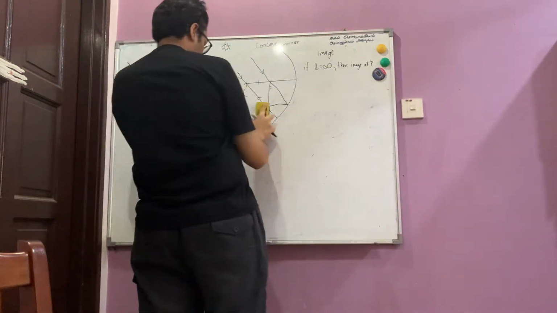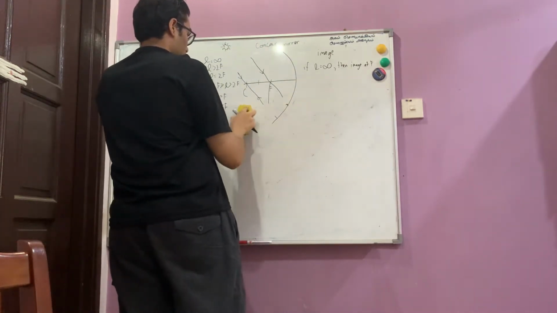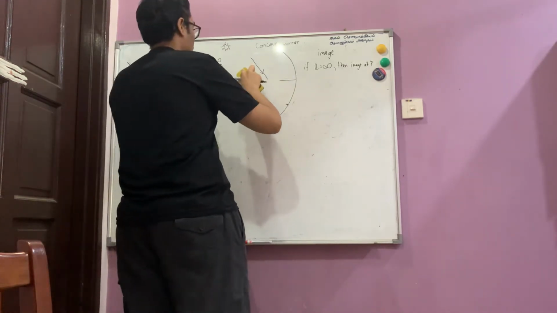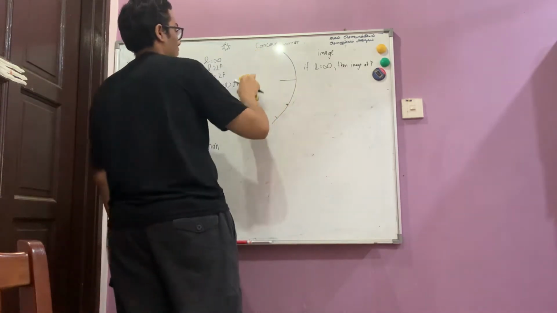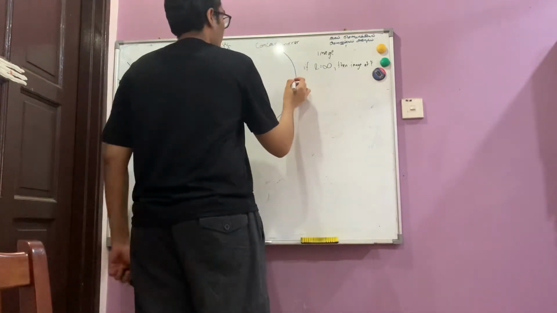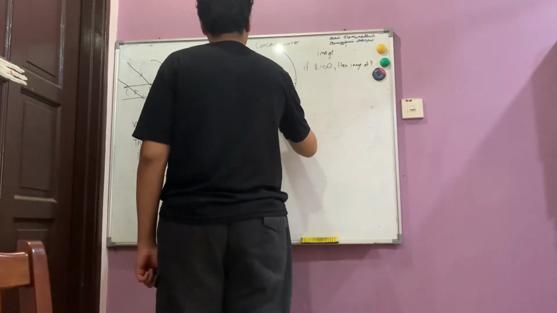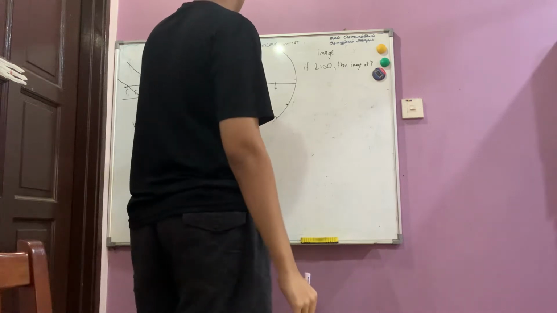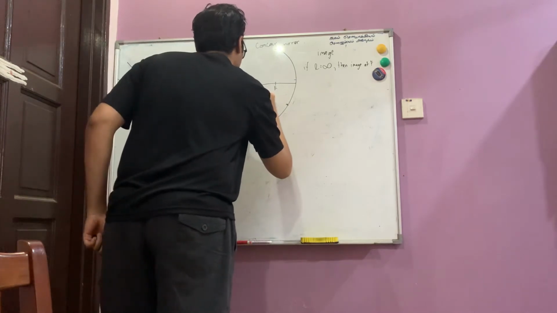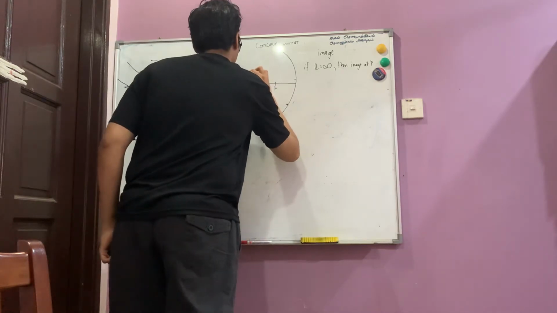Next is image more than 2F. C equals 2F, so more than 2F means more than C. Let me put one object here.